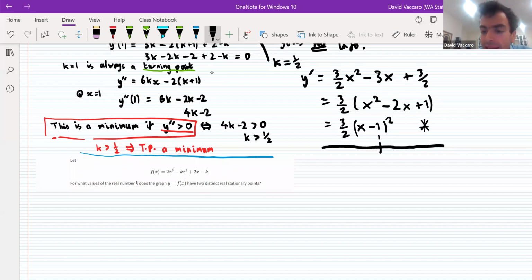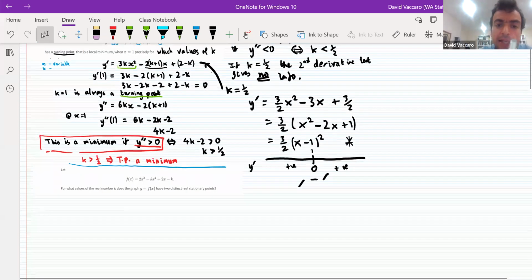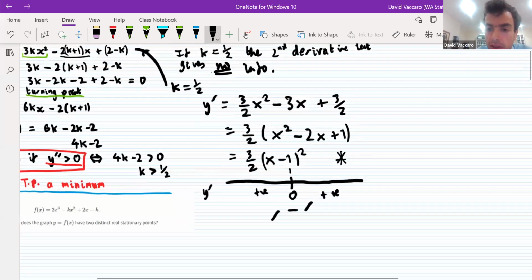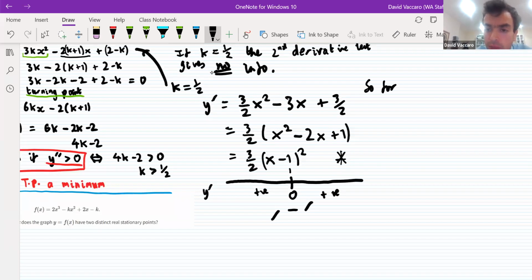At x equals 1, the gradient y dash is 0. At every other point, it's positive. So for k equals a half, we have a point of inflection.